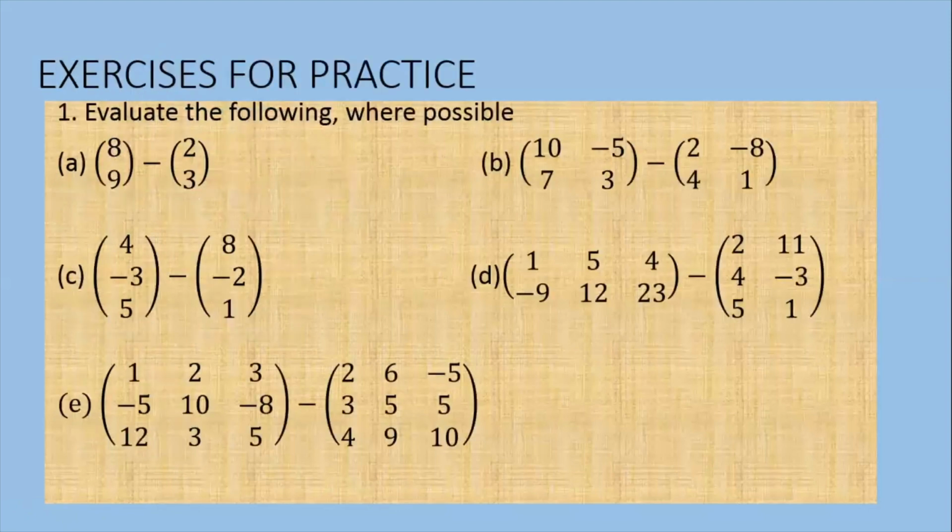So now we have a few exercises for you to practice. Number 1, evaluate the following where possible. Remember, you can subtract matrices if and only if they have the same order.